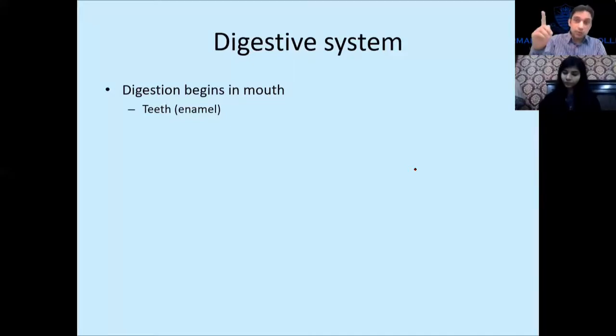So thinking about the food, by looking at the food, by smelling the food, we are actually analyzing whether the food should enter into the digestive system or not, whether it is required to eat or not, whether this thing is perfect for eating or not.